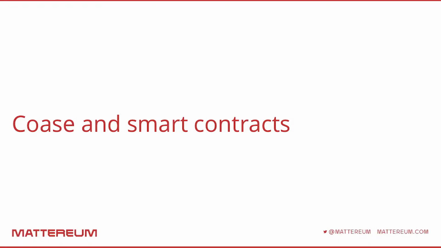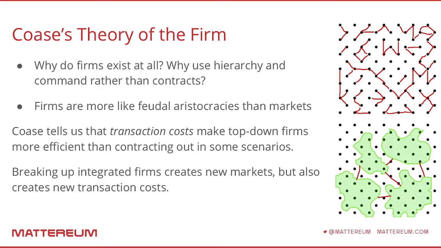So Taylor took us through the whole notion of Coase's theory of the firm and transaction costs. I'm going to go reasonably quickly through this bit. Basically, I'm in complete agreement with everything that Taylor said. What Coase's theory of the firm gives us is an explanation for why we don't have everybody just trading individually on their own.